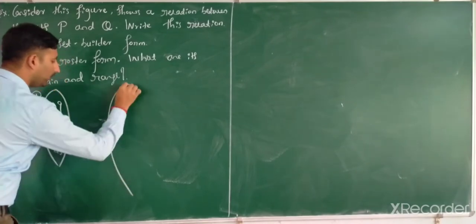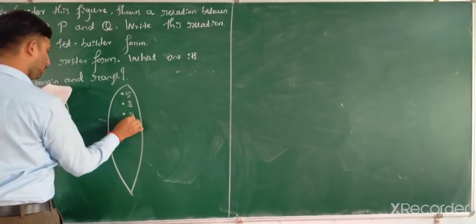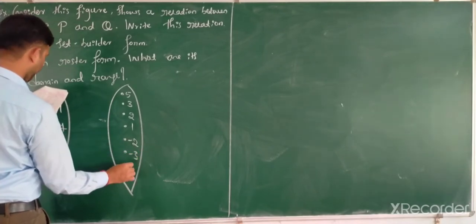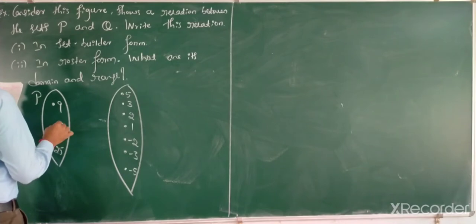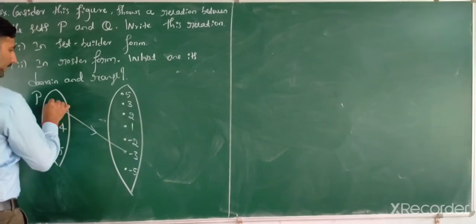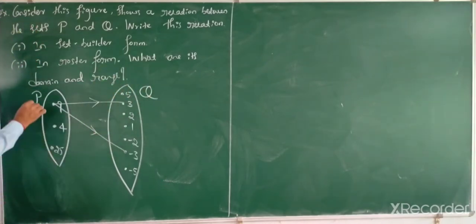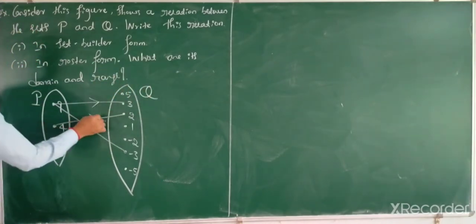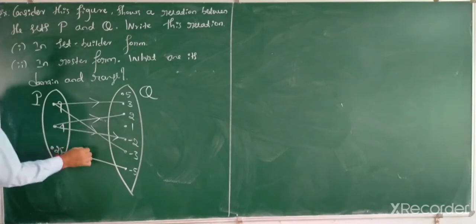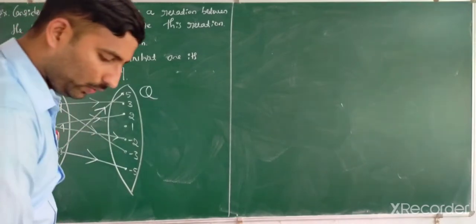After that they are given the other set: 5, 3, 2, 1, -2, 5. 9 to minus 3 will be a mapping, and 9 to 3 will be a mapping. This is P, and here there will be Q, both these sets P and Q. After that 2 goes to 4, minus 4, 25, this way, after that this way. Correct? These are the certain values they have given.